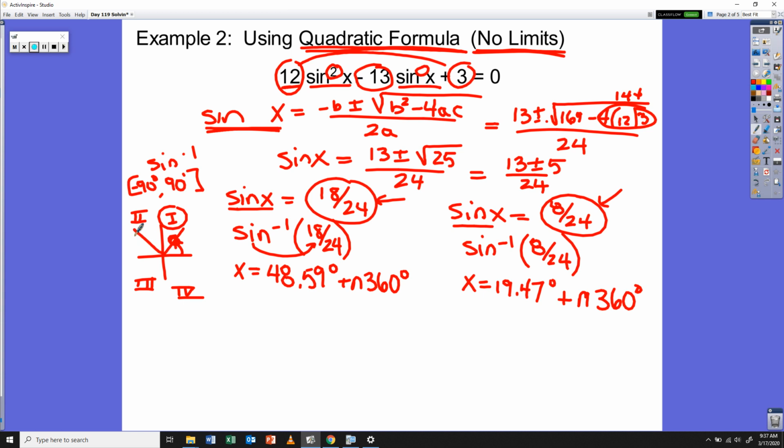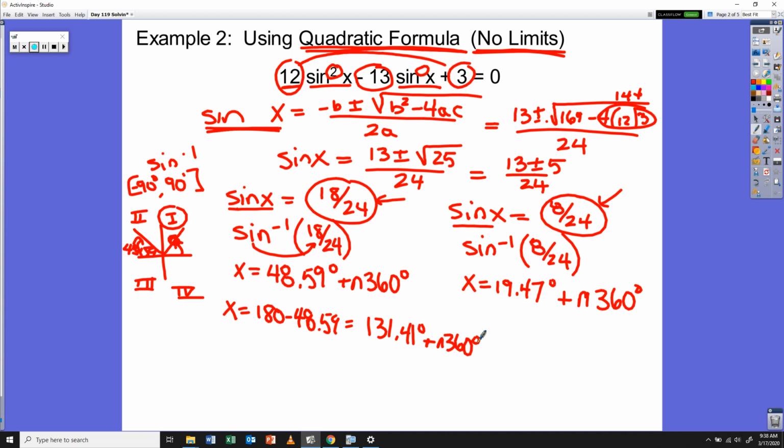But there is another answer in quadrant 2 where sines are also positive, and the 48.59 degrees would become the reference angle, and you would have to subtract it from 180. So that angle is going to be 131.41 degrees plus multiples of 360.